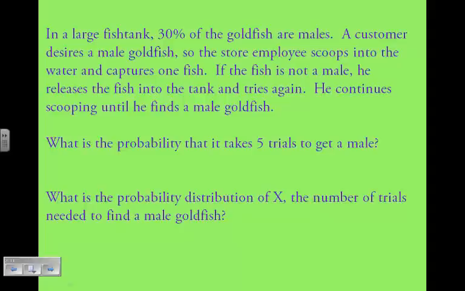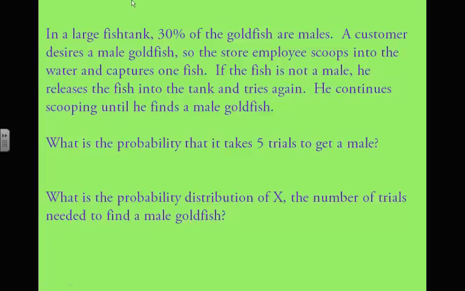Well, we've done this before. We've been working on this in class, right? So in this case, what you have is a binomial distribution. In order for the 5th trial to be a male, the first 4 have to be females. You get a female for the first one, a female for the second one, a female for the third one, a female for the fourth one, and then finally on the 5th trial he gets the male.